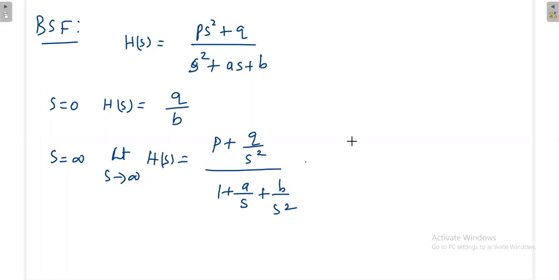When s tends to infinity, p plus 0 over 1 plus 0 plus 0, so you are getting some p. Again some constant is there, so that means it is allowing the low frequency and also it is allowing the high frequency.